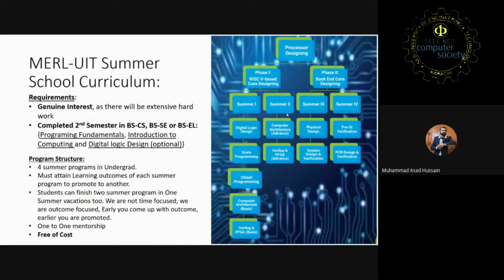In summer 1, we introduce the students to the concepts of digital logic design, some basics of Scala and Chisel programming, basics of computer architecture, RISC-V based definitely, and Verilog and FPGA basics. Then in summer 2, we move towards the advanced version, in which cache, pipelining and memories are discussed. We also move to the advanced version of Verilog and FPGA, covering how we can port a core in the FPGA, simulate it and run it.